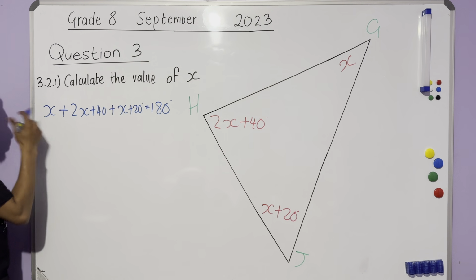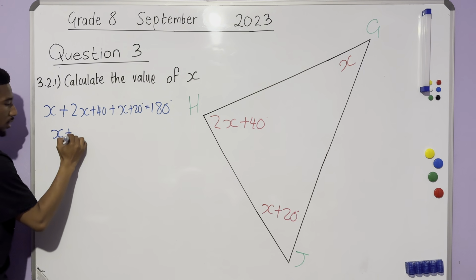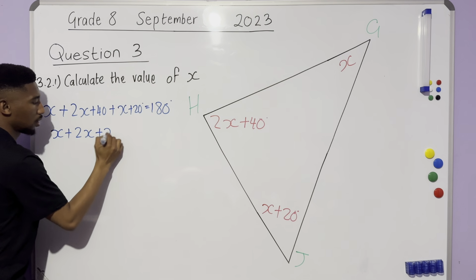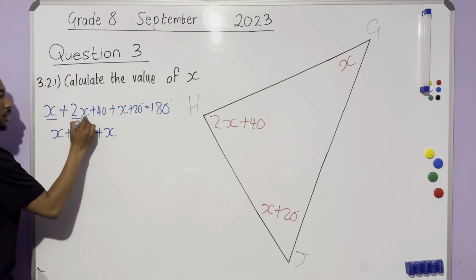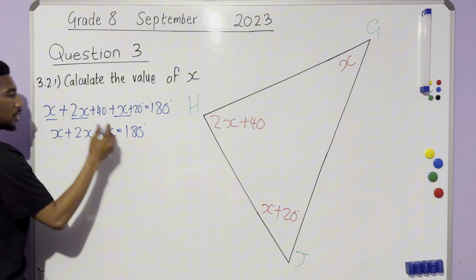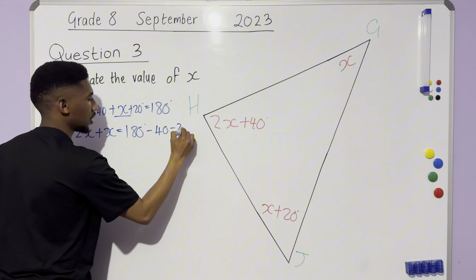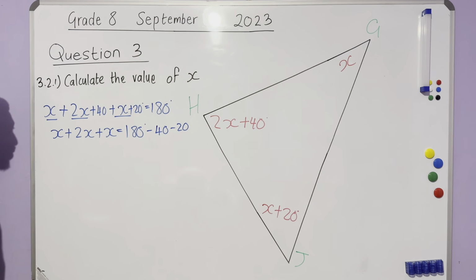Okay, so my like terms are x plus 2x plus x equals 180, and my 40 inverse over there as well.